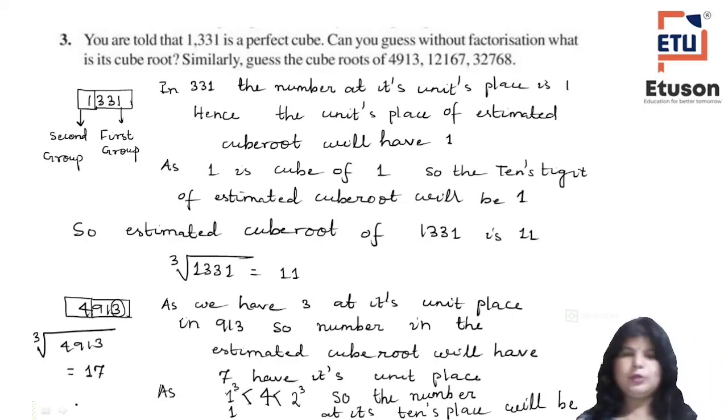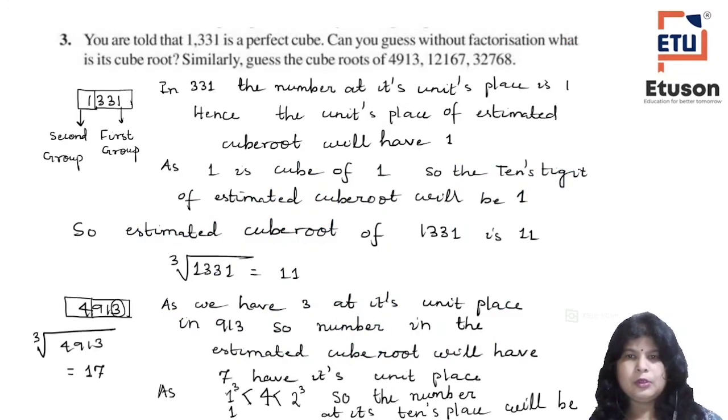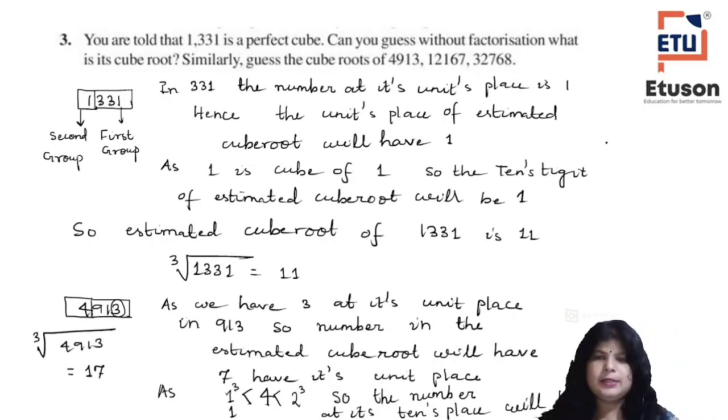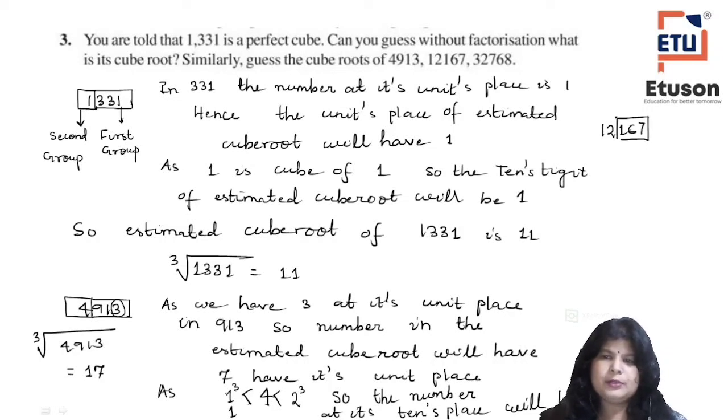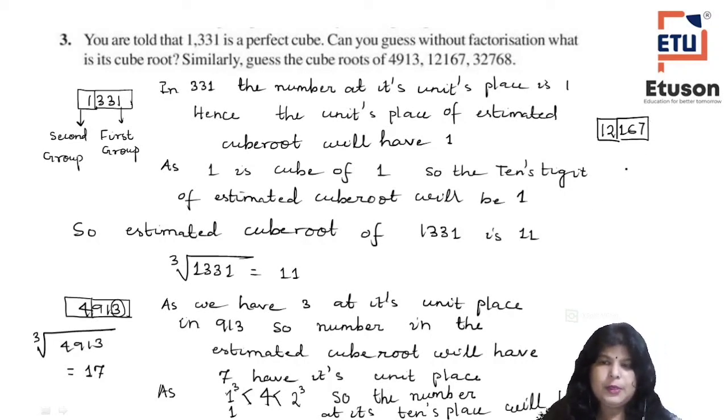Okay, now let us find out for the other number, that is 12167. I am just finding it out here because we don't have any space. So you group it: 12 and 167. 7 at its units place means you can have 3 over here.